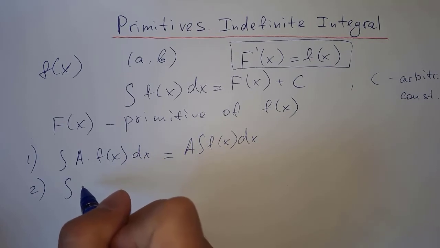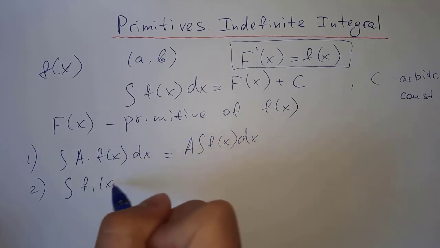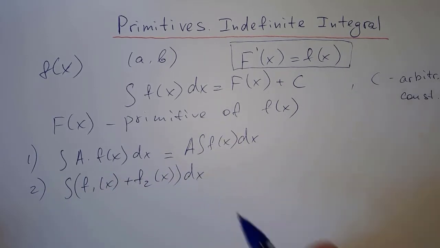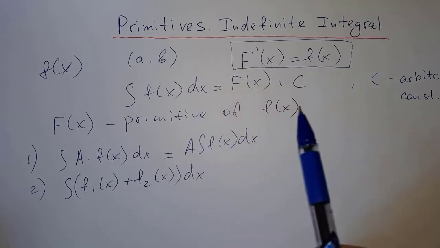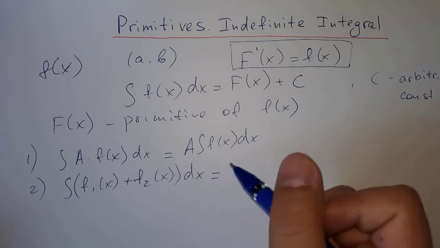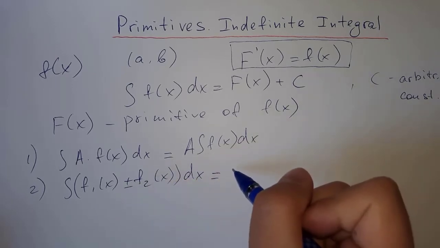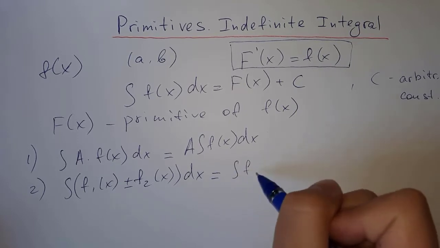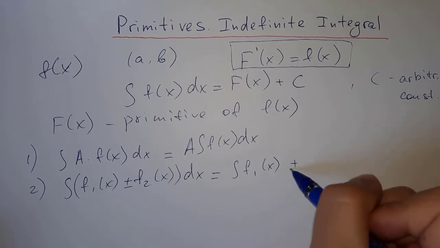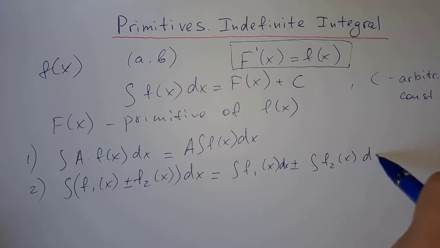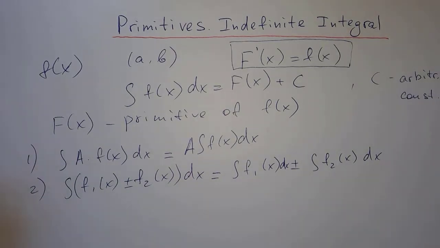The integral of the sum f1 of x plus f2 of x dx, we need to put here dx, the differential of x. If we have minus also, we can write it as the sum of integrals: the integral of f1 of x dx plus or minus the integral of f2 of x dx. So this is the second basic rule.